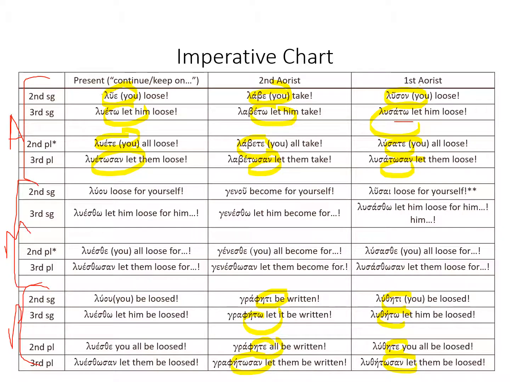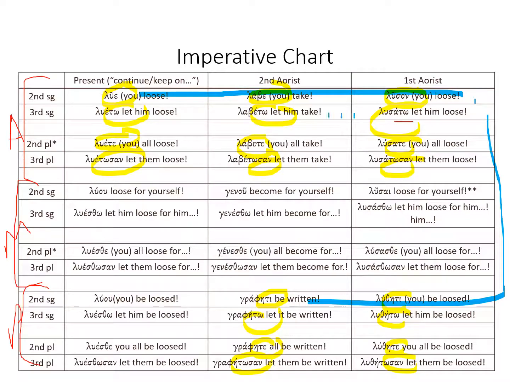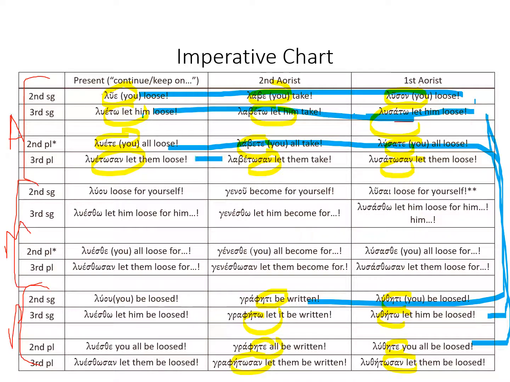Are you seeing how this can be drawn up? Let me just change the color for a moment. Son, t, to, te, toson. The endings are the same, and now I have memorized half of the imperative paradigm with just the simple son, t, to, te, toson.